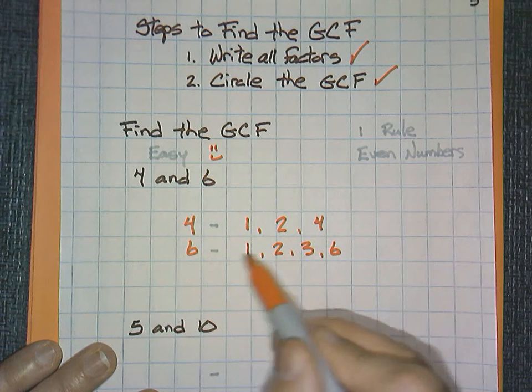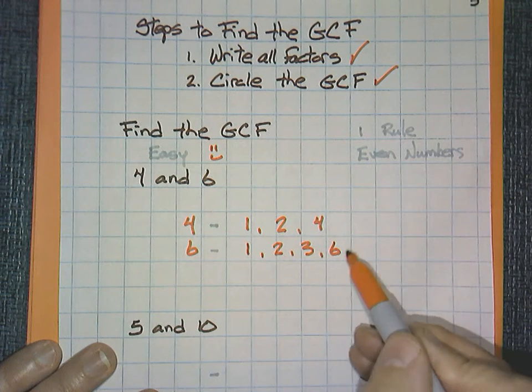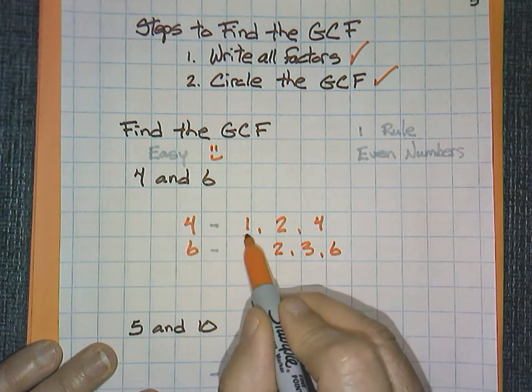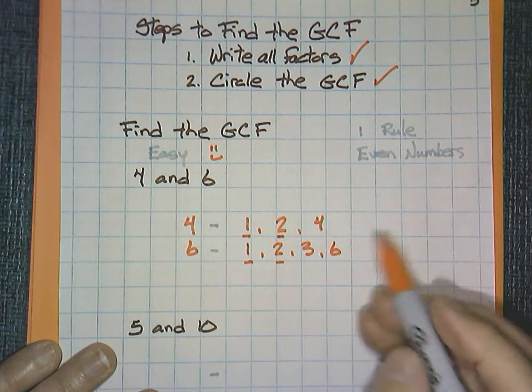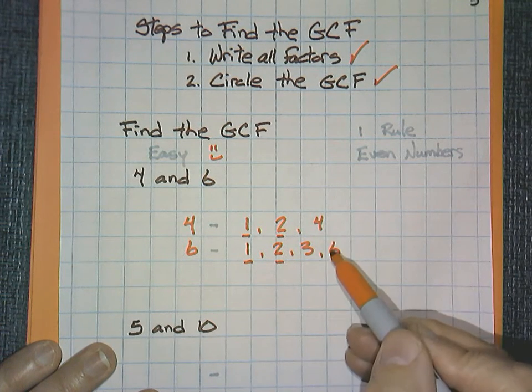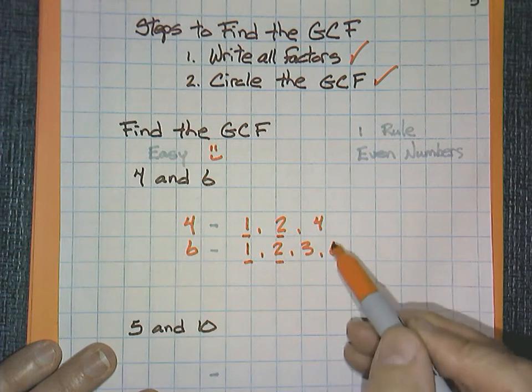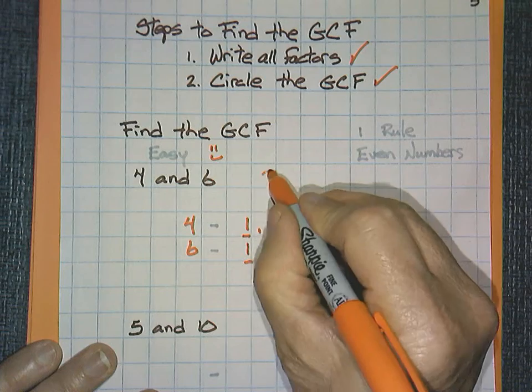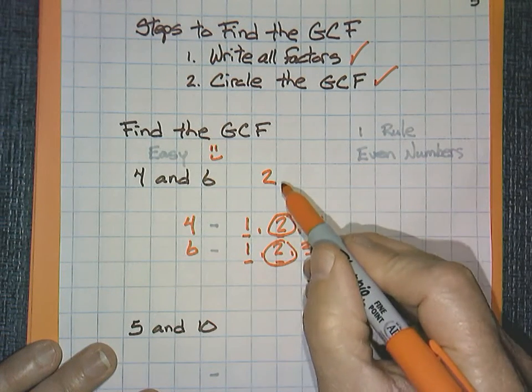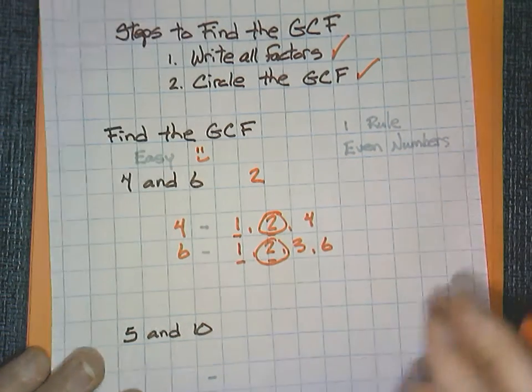So the factors for 6 are 1, 2, 3, and 6. I can see that I have common factors of 1 and 2. The 4, the 3, and the 6 are not common. I would have to see them on both lists. So the greatest common factor would be 2. So my answer would be 2 for my greatest common factor for 4 and 6.